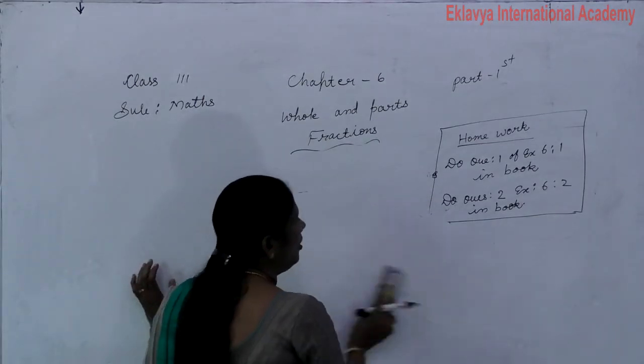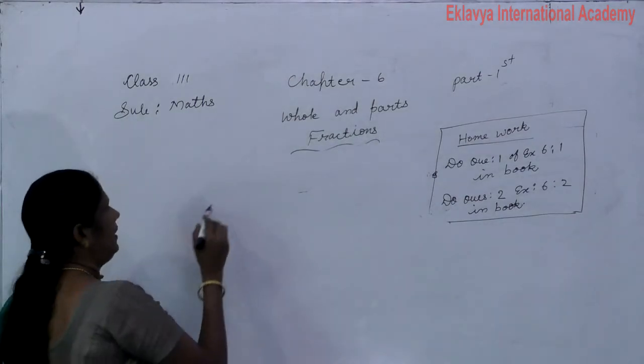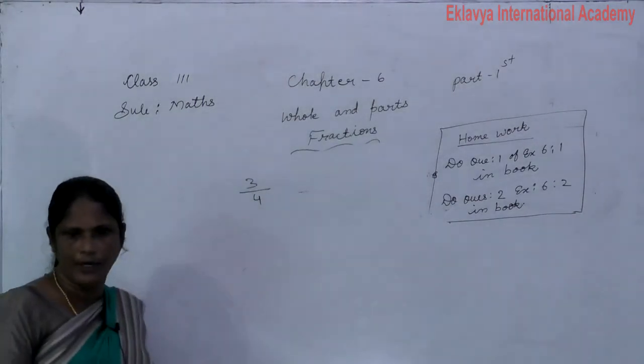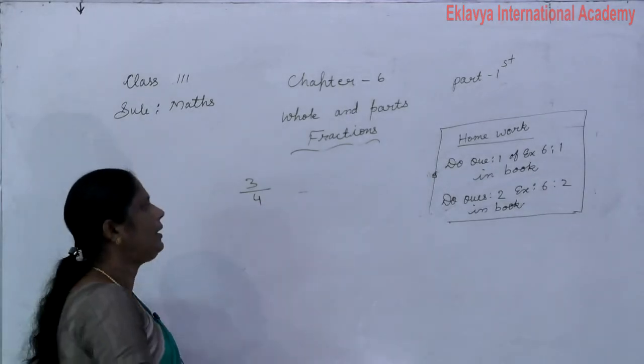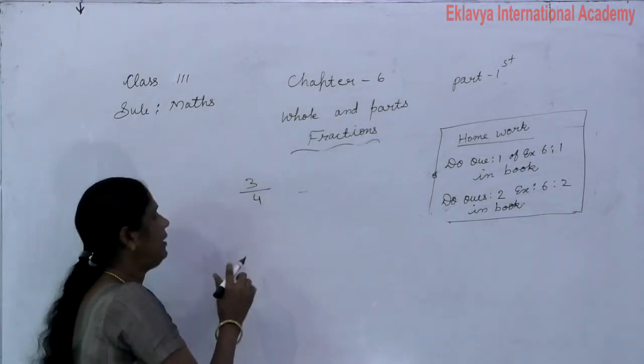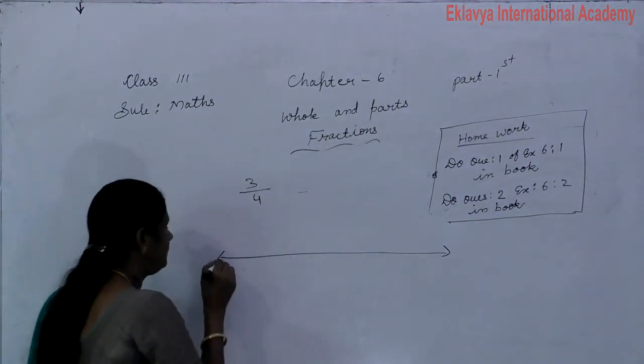Now, fractions on a number line. How to show a fraction on a number line? 3/4. This is our fraction. We draw a number line.